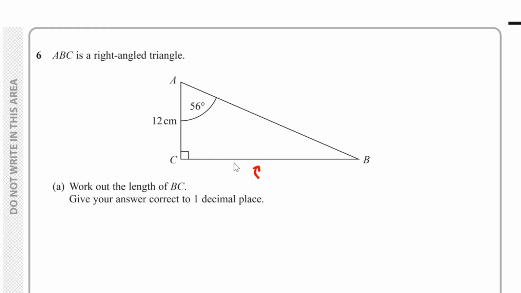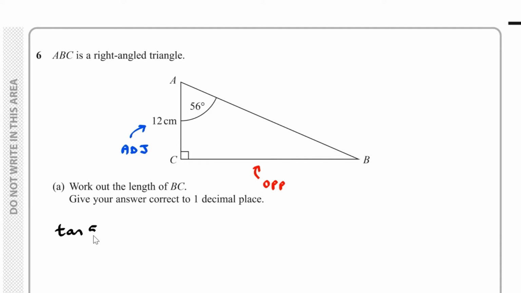Here, we have a length which is opposite the included angle of 56 degrees. We have the 12, which represents the adjacent.